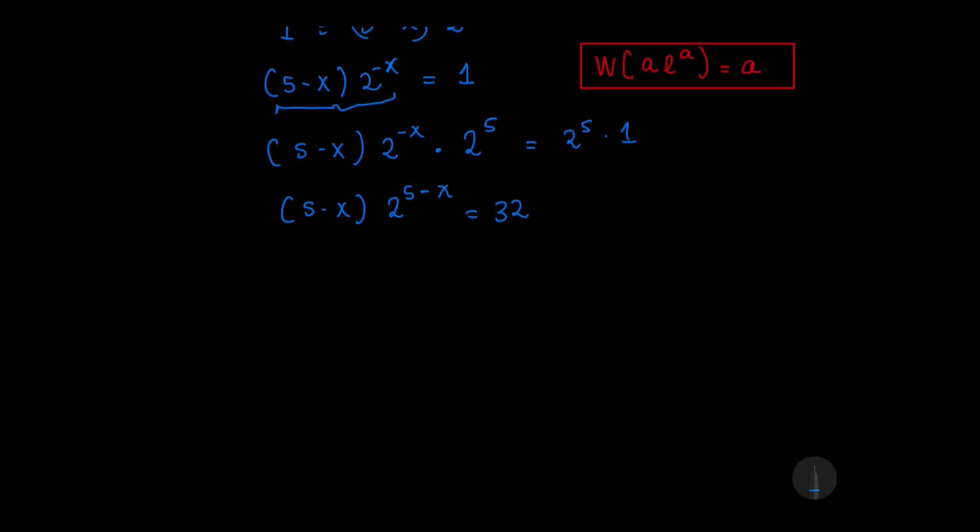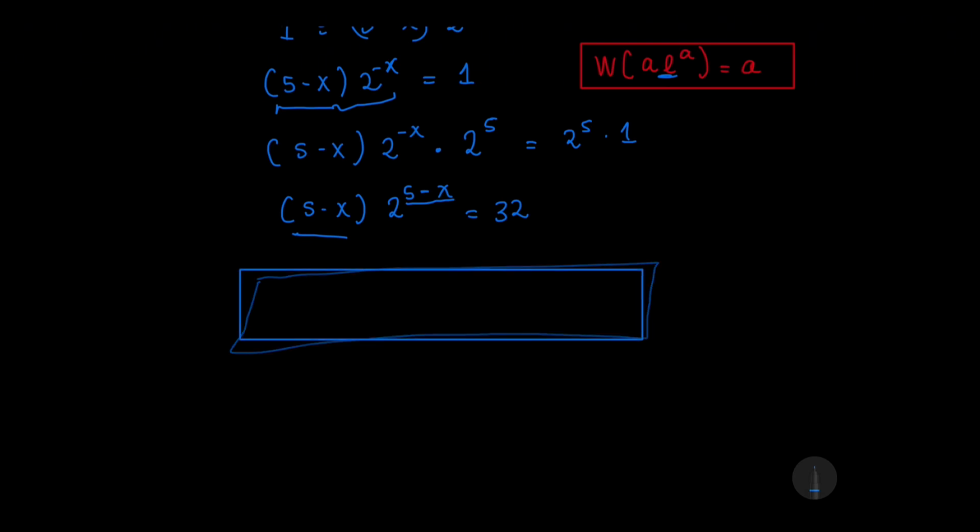So if you check here, we have a similar structure. We have a base which is the same as the exponent of 2, but we do not have e. So somehow we have to turn 2 into e. The way that I'm going to do this is to say 2 is equal to e to the power ln 2.